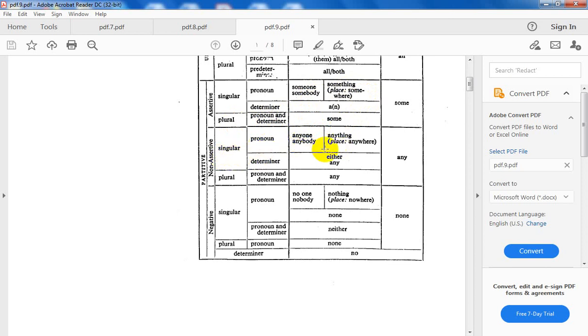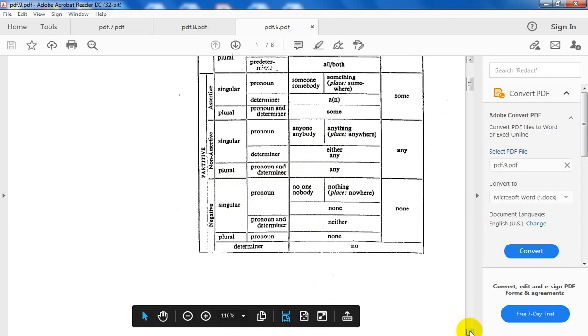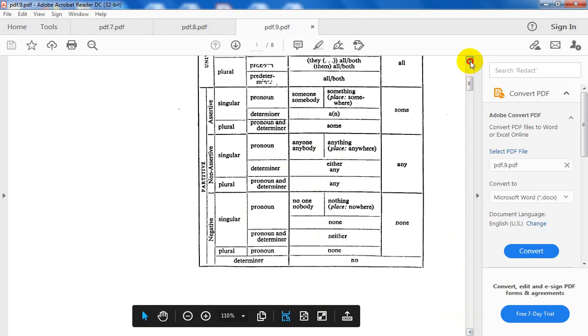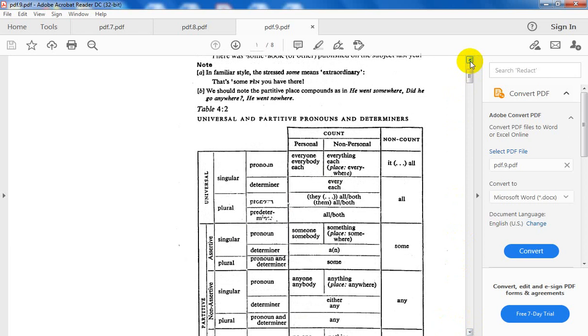Determiner either or any if they are determiners. Again I have the plural. I have any. Their count, if they are used with count nouns, personal or non-personal.